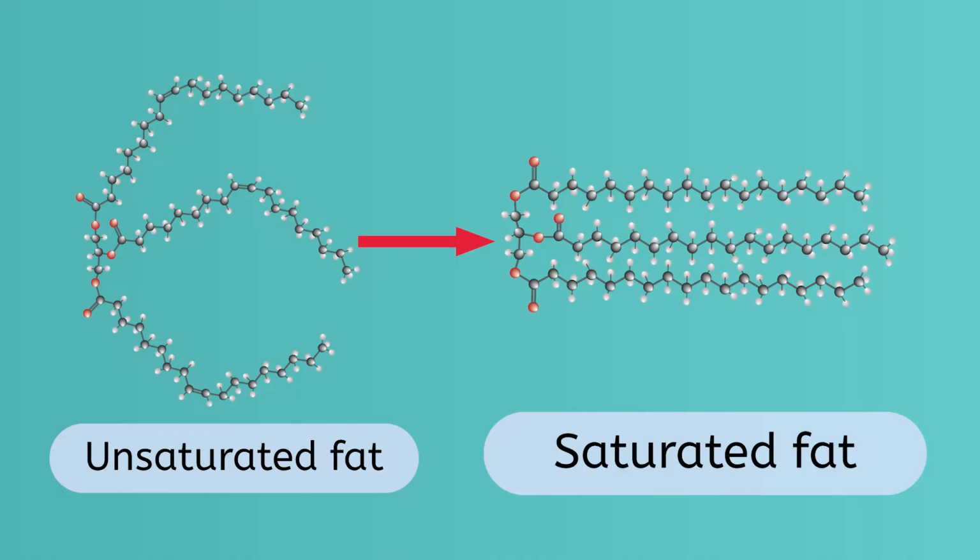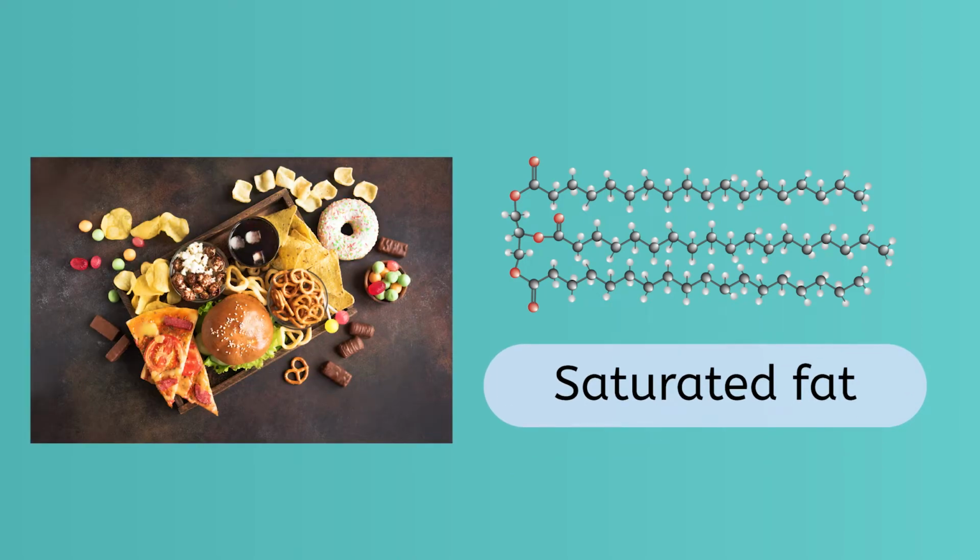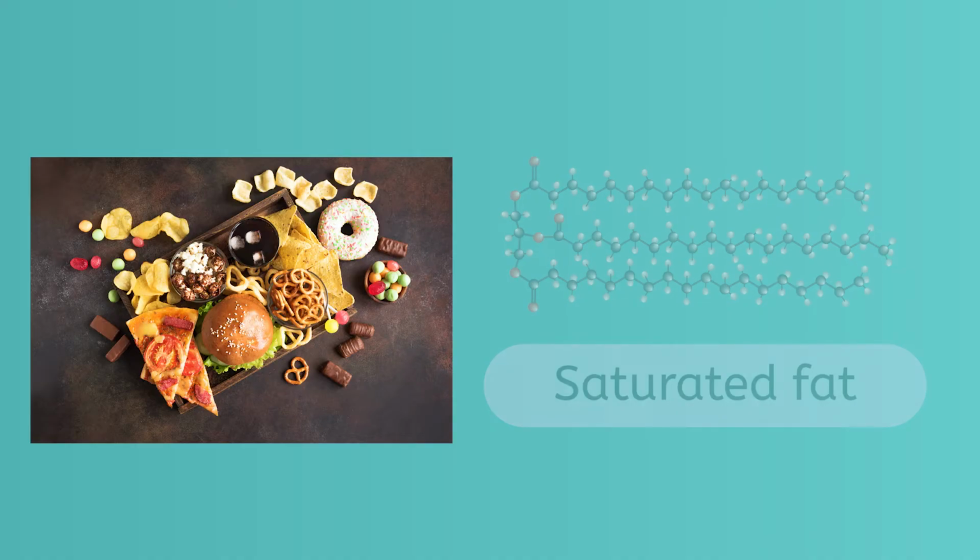When done completely, this process produces a saturated fat with a more solid consistency than the starting oil. The more solid fat is convenient for many highly processed foods, particularly packaged pastries and fried foods.